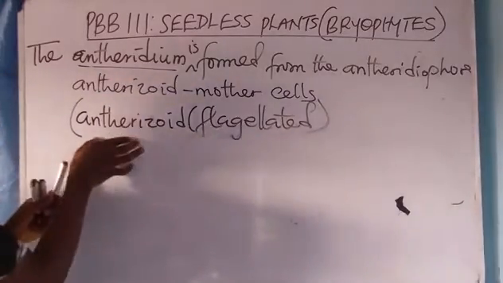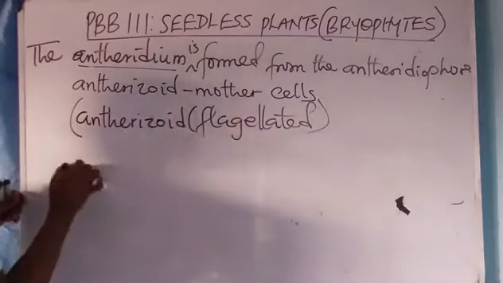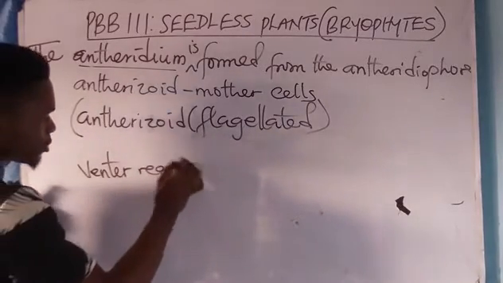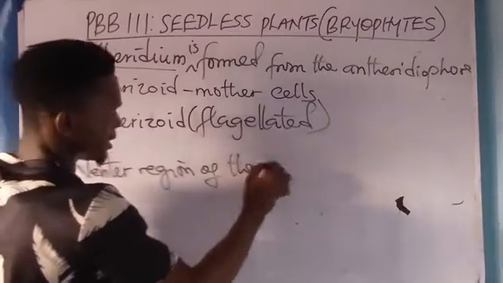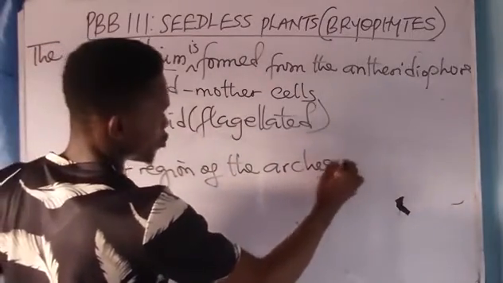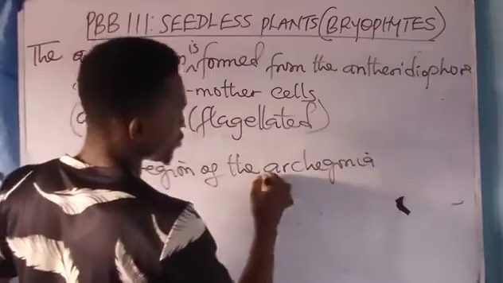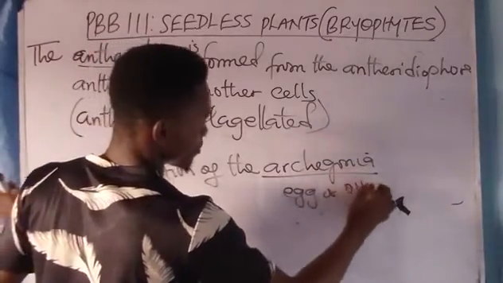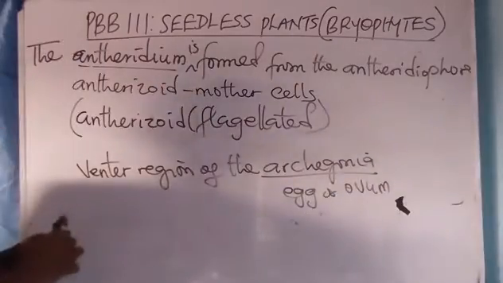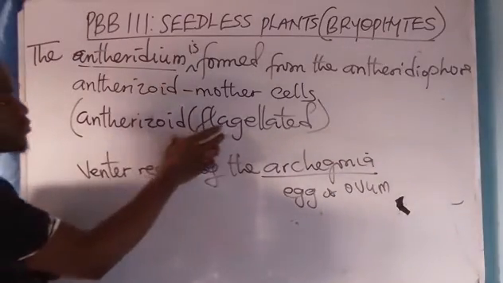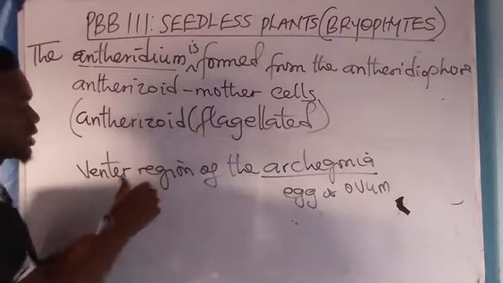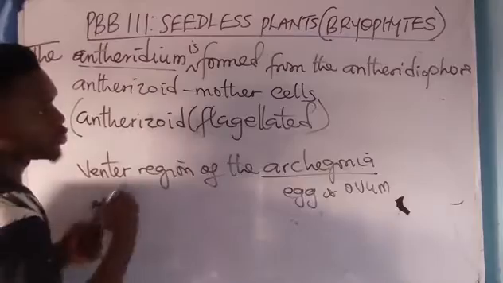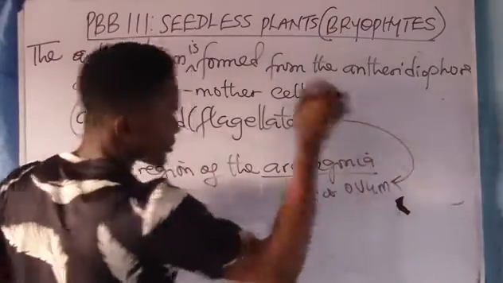Now, as soon as it swims, it goes to the ventral region of the archegonia. You know, the archegonia will produce what? Egg or ovum. This antherizoid, by the lashing movement of this flagella, travels to the ventral region of this archegonia to fertilize the egg.